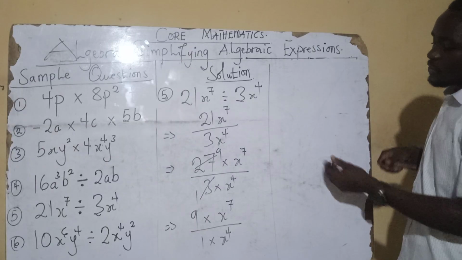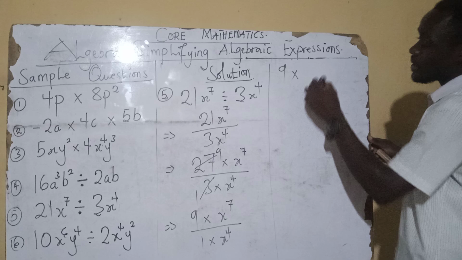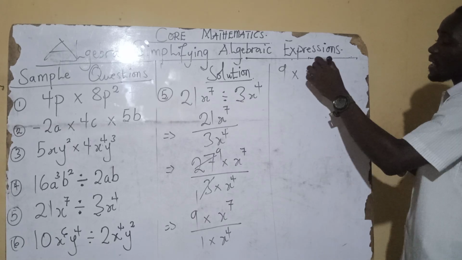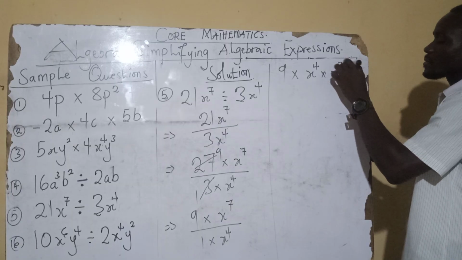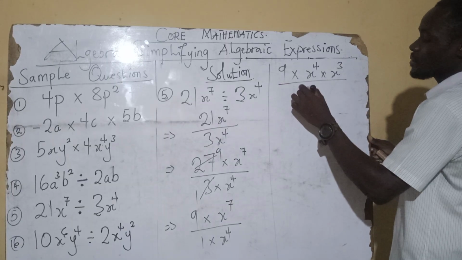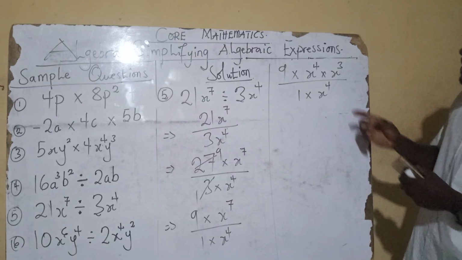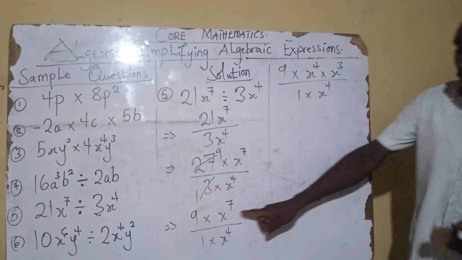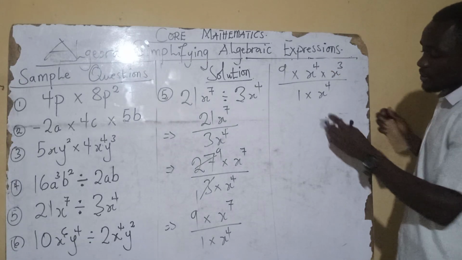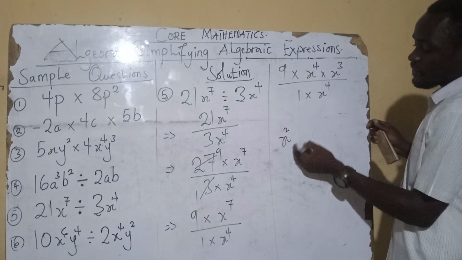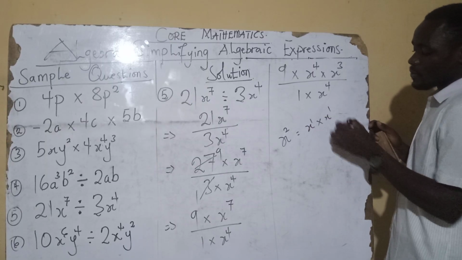No. So here, making it simpler, we are going to get 9 multiplying, remember, we can rewrite this one as x⁴ multiplying x³, all over 1 multiplying x⁴. Remember, mathematically I have no change in it. The x⁷ is the same as x⁴ multiplying x³. Why? Because in mathematics, x² is the same as x¹ multiplying x¹.